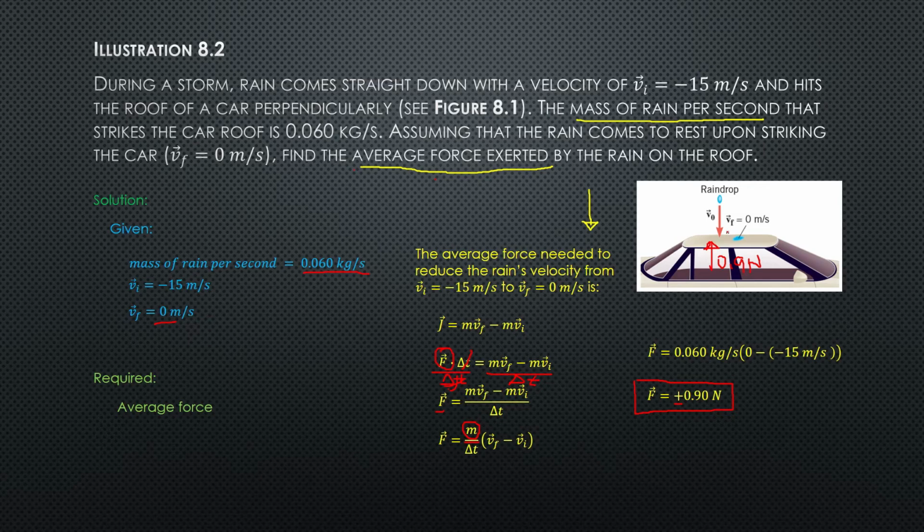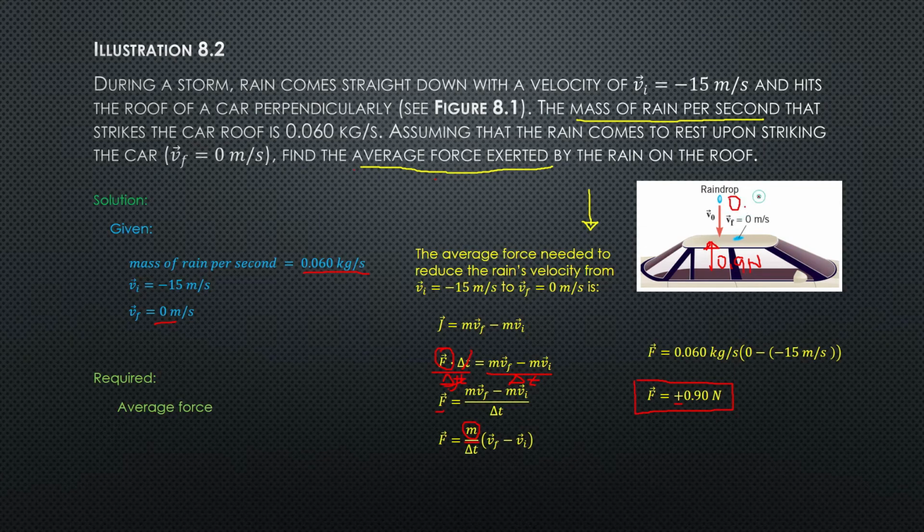Now the roof exerts an upward force on each falling drop in order to bring it to rest. According to the action-reaction law, the force exerted by the rain also has a magnitude of 0.9 newtons.